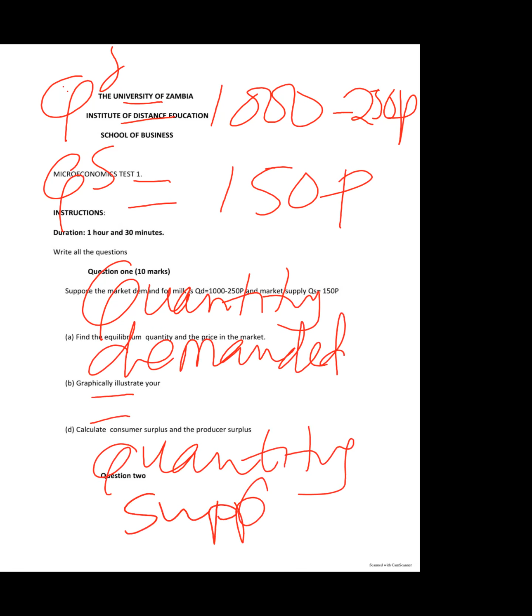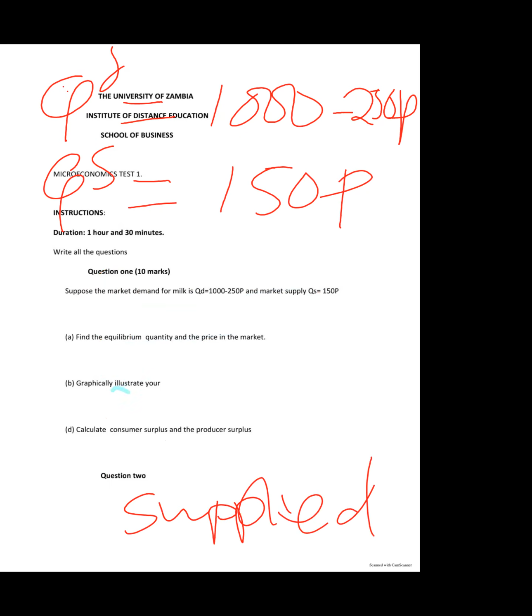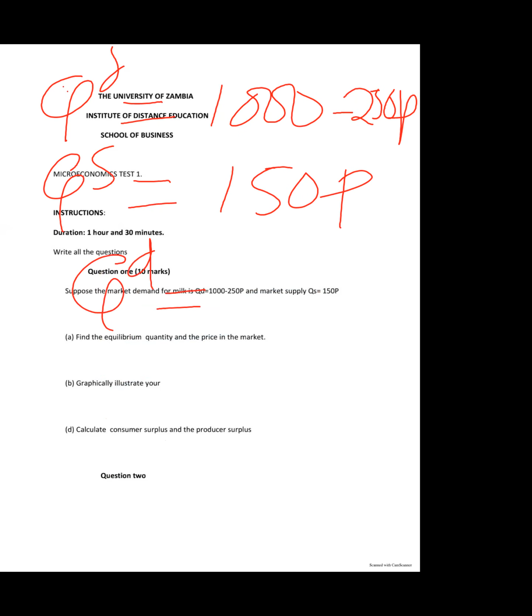This is at equilibrium point. So how do we determine the equilibrium quantity and equilibrium price? We simply equate the two equations that we have been given. That is to say, quantity demanded, QD, is equal to QS, quantity supplied.